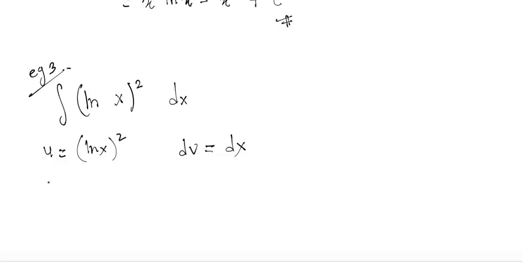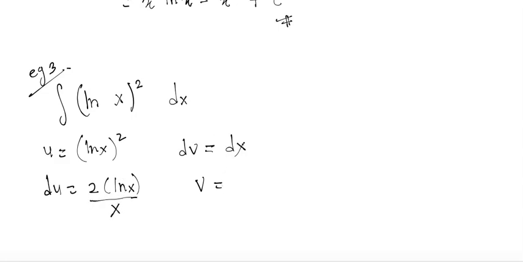Again, for the left side, you have to differentiate, and for the right side, you have to integrate to get du and v. So differentiate ln x square, you have to use the chain rule here: 2 ln x, and differentiate inside the bracket, which is 1 over x. So it will be over x.